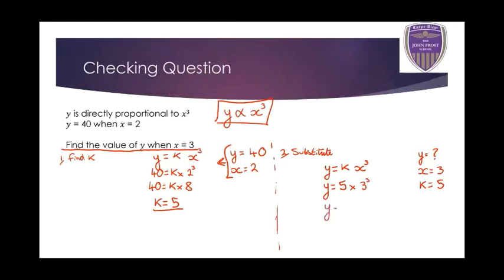So y is equal to 5 times 3 times 3 times 3, which is 27. 5 times 27 is equal to 135. So y equals 135 when x is equal to 3. And that's the final checking question. So very well done if you got that right.